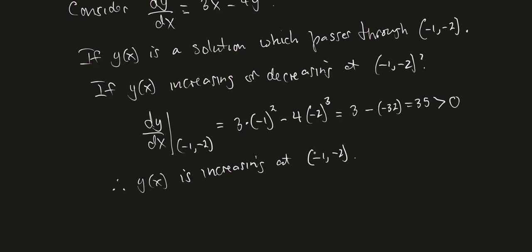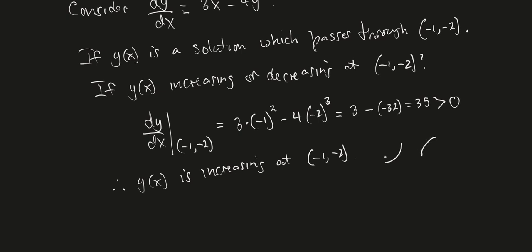So with this fact, if I were to try to sketch the graph of y of x as it passes through this particular point, just like a little snapshot, the fact that it's increasing means it could go like this, or it could go like that.